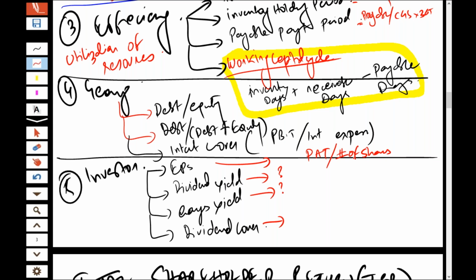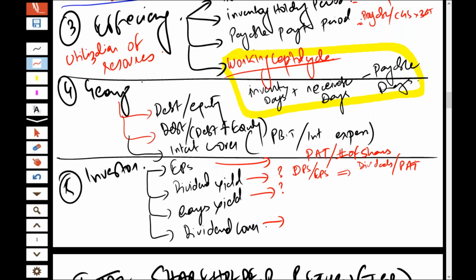The dividend yield is dividend per share divided by earnings per share, or the other way around of calculating it is dividends divided by the PAT.